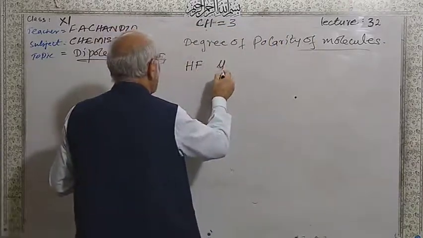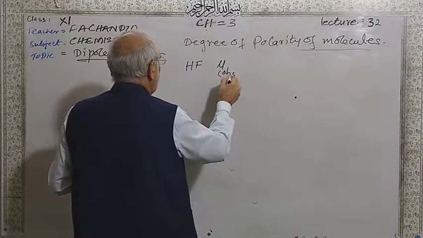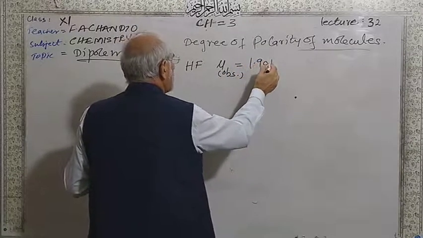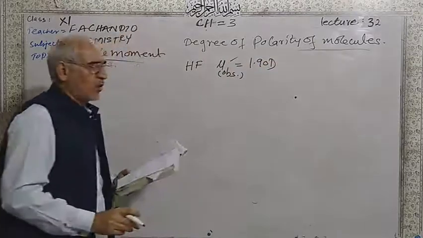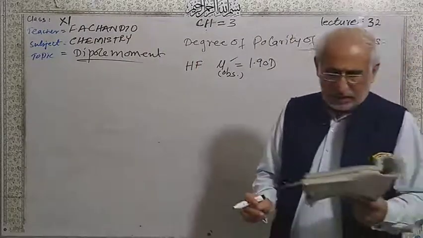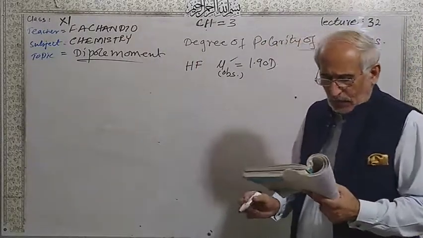Hydrogen fluoride has an observed dipole moment of 1.90 D. This is the observed dipole, which we measure practically. Find the percentage of ionic character in hydrogen fluoride.